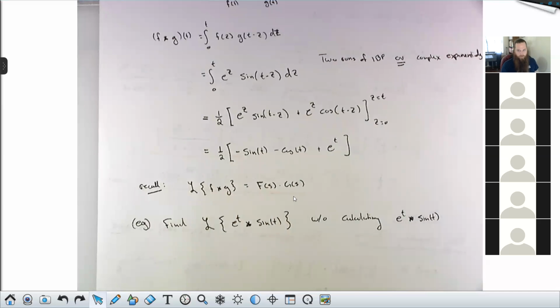Now we already do have e to the t starred with sine t, that's this. So I could, if I wanted to, take the Laplace transform of this, and that would give me what I'm after.